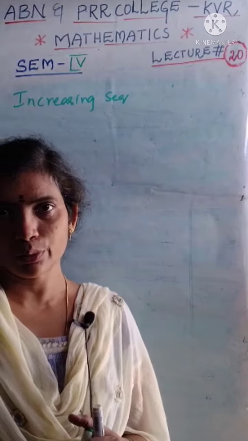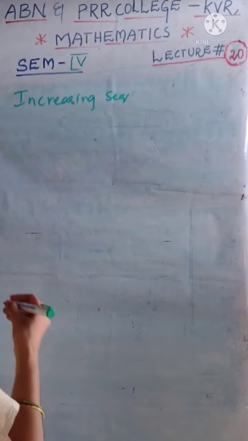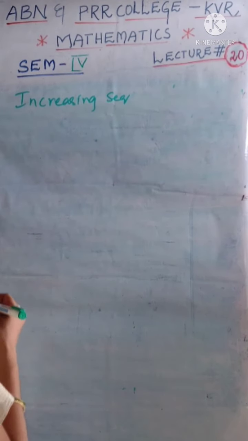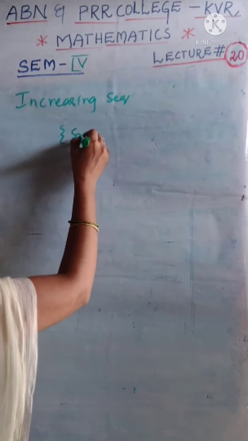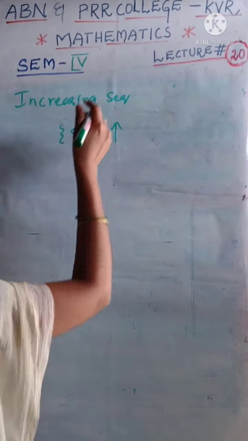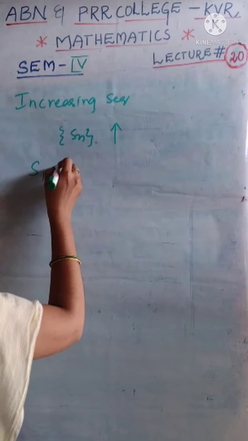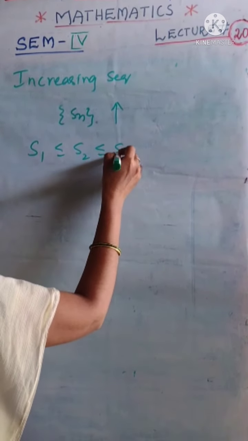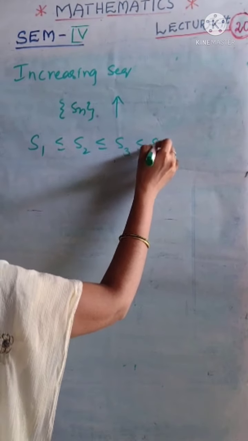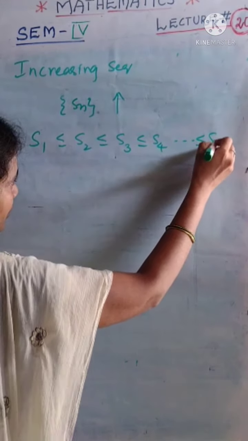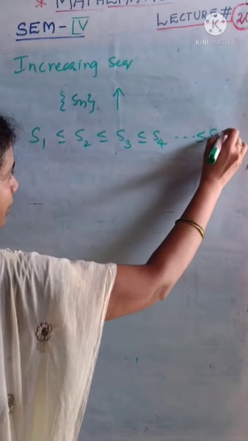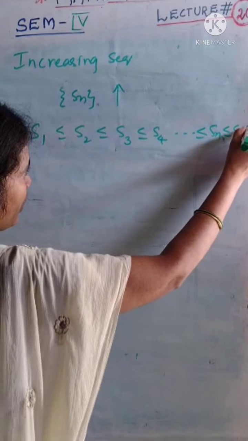Let us discuss the new topic: the increasing sequence. Which sequence is said to be increasing? We say Sn is an increasing sequence. The upper arrow indicates increasing. It means that all the terms of the sequence are in the order Sn is less than or equal to Sn plus 1, and so on.